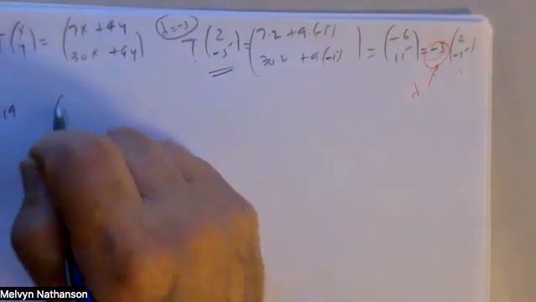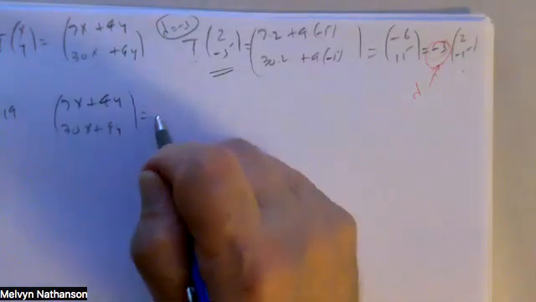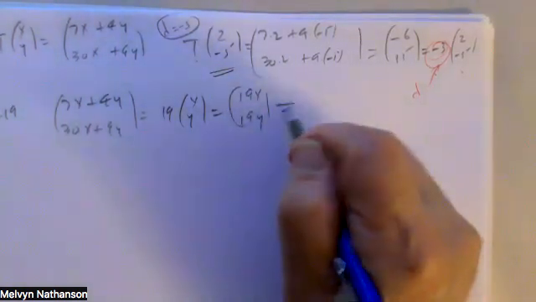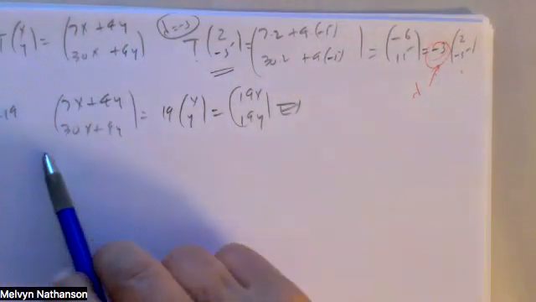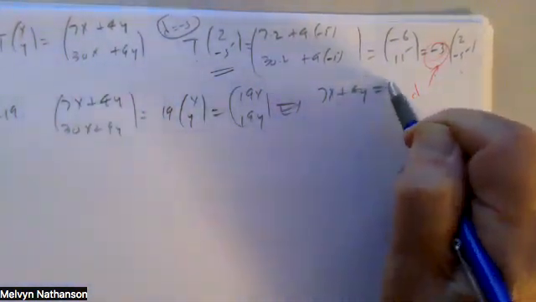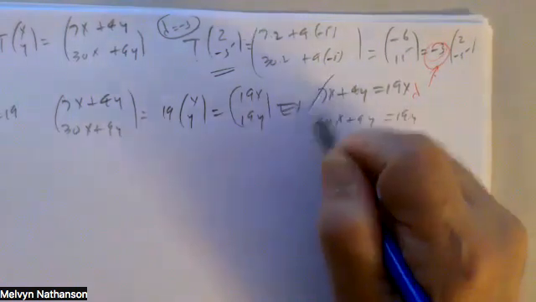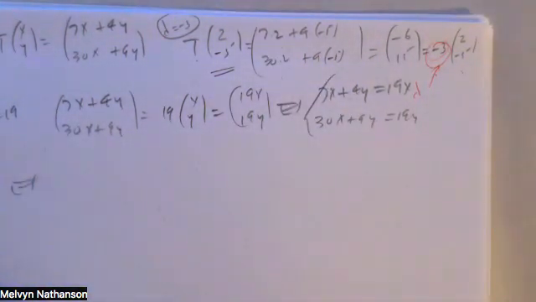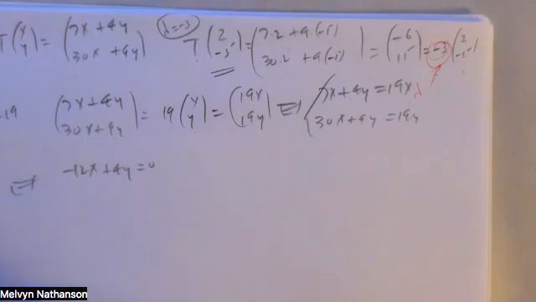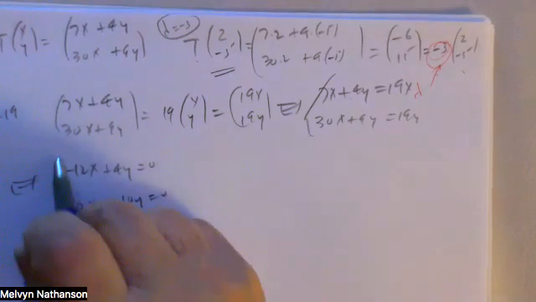So in that case, (7x plus 4y, 30x plus 9y) has to be 19 times (x, y), or (19x, 19y), which is the same as 7x plus 4y equals 19x, 30x plus 9y equals 19y, which is the same as minus 12x plus 4y equals 0, 30x minus 10y equals 0.